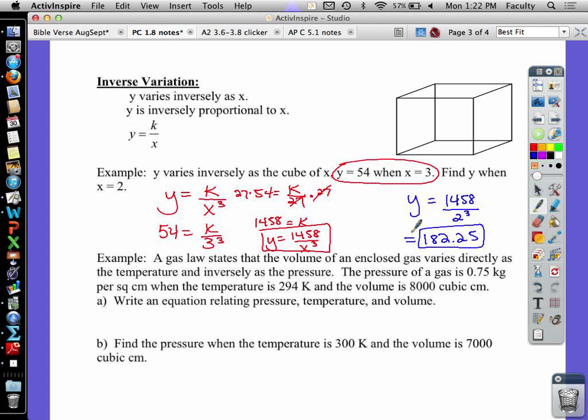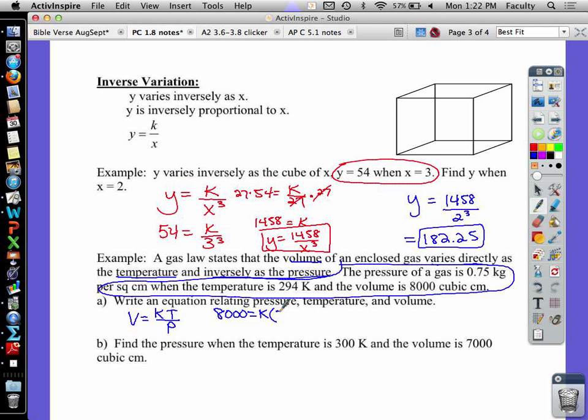Alright, next example. A gas law states that the volume of an enclosed gas varies directly as the temperature and inversely as the pressure. So I'm looking for V equals KT divided by P. Now, it's giving me a group of numbers together that says the pressure is 0.75, the volume is 8,000, and the temperature is 294 K. Do you remember?